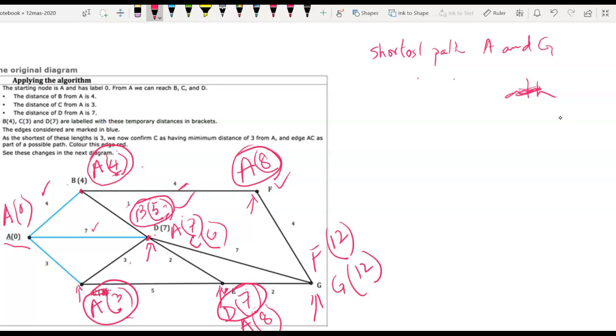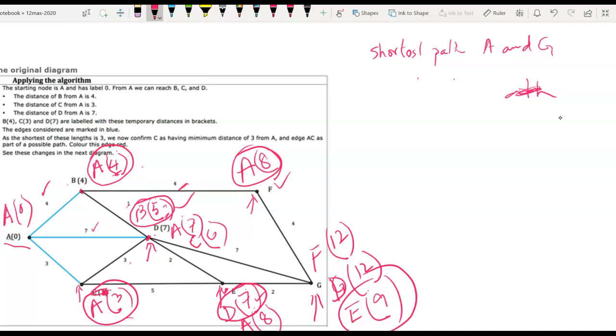And if we come from E, that'll be 7 plus 2, which is 9. Sorry, that's not D. I'm coming from E, and that distance will be 9. Now, as you can see, this is the minimum, right?